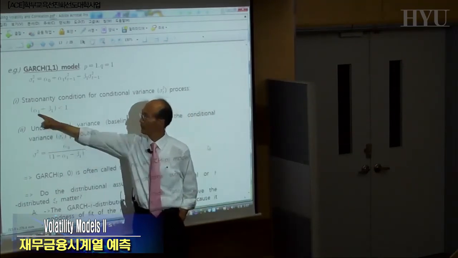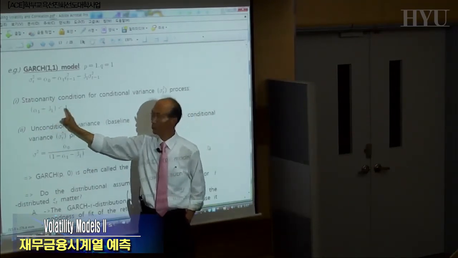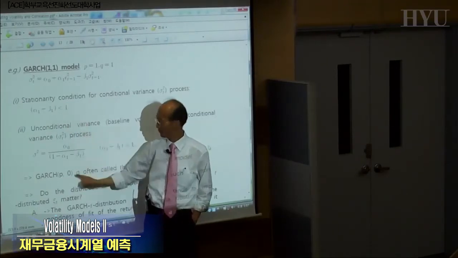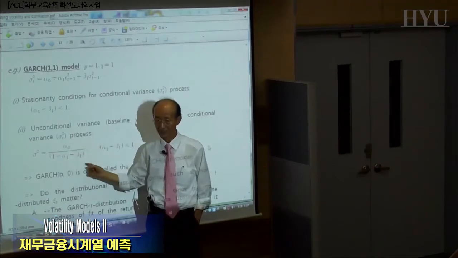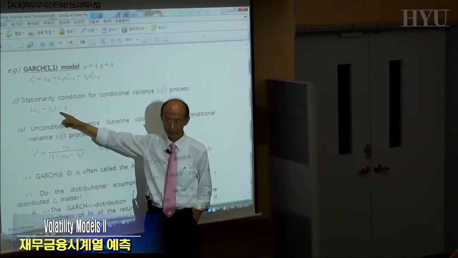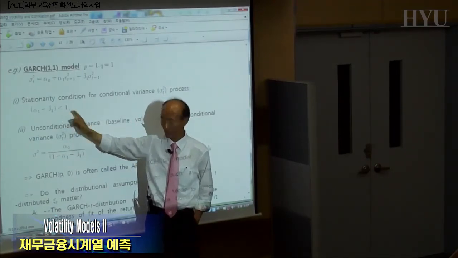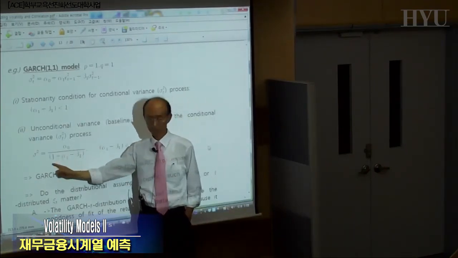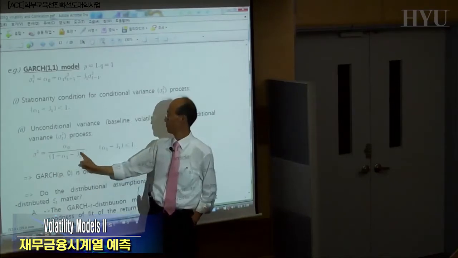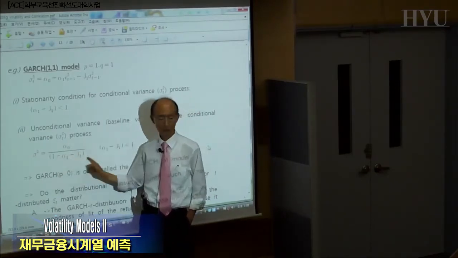So, if these sum to 1, what happens here? This is not defined. So less than 1, not equal to 1, right? If the sum of these is less than 1, this number is going to be positive.